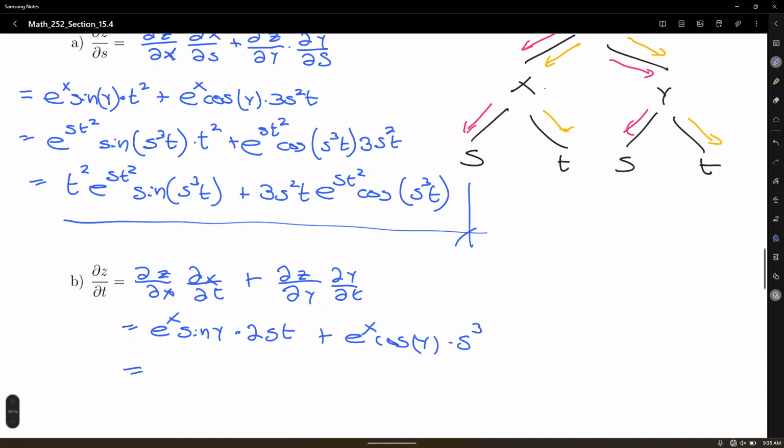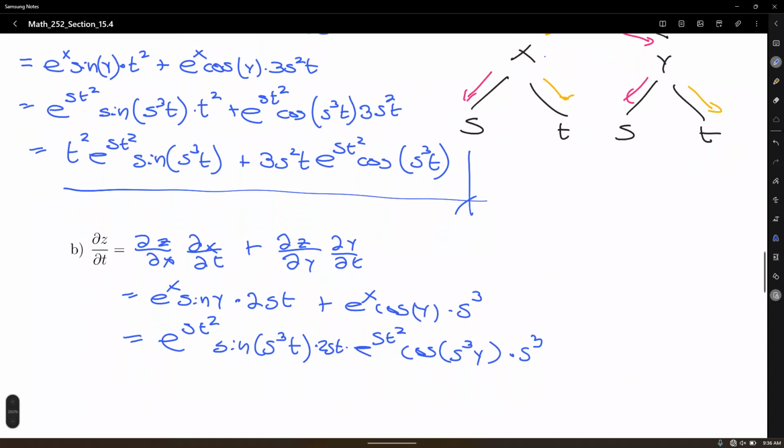So that is going to be e to the st squared, sine of s cubed t, plus e to the st squared cosine s cubed t times s cubed. And to be honest, there's not much to do other than, oh, I forgot the 2st here, times 2st.